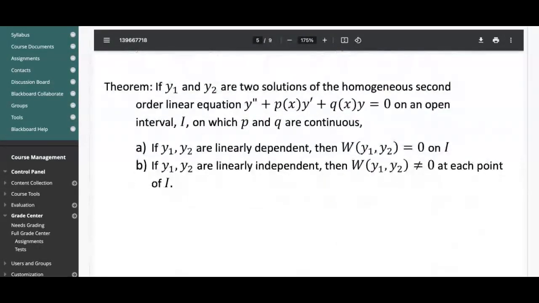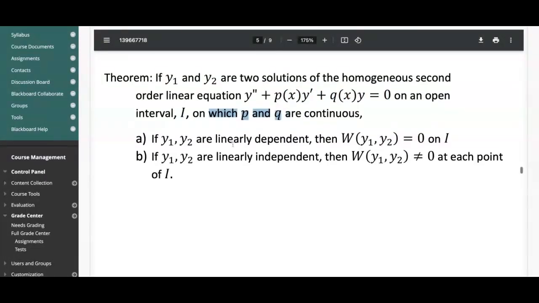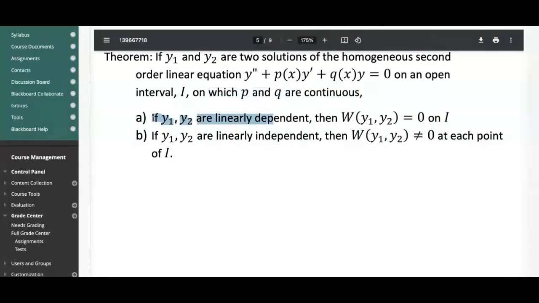Let's see this one. Oh my goodness, I cannot finish. Two more minutes. So if y1, y2 are two solutions of the homogeneous second order linear equation of such on an open interval I on which P and Q are continuous, A, if y1, y2 are not linearly independent, then the Wronskian equals 0 on the open interval.